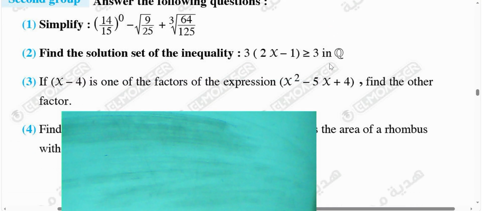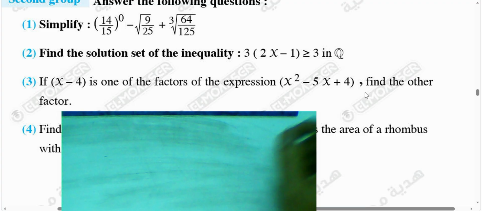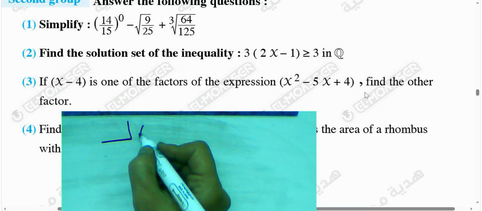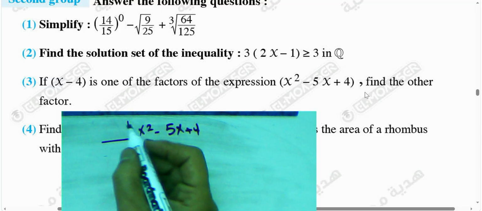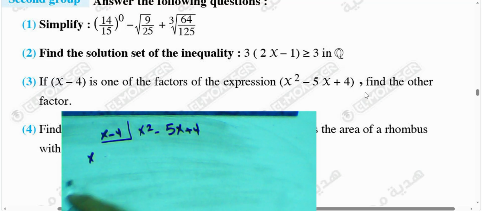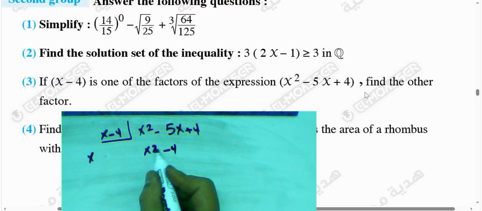Next question. If x minus 1 is one of the factors of the expression x power 2 minus 5x plus 4, find the other factor. We can find the other factor by division. We divide x power 2 minus 5x plus 4 by x minus 1. X power 2 divided by x equals x, and then x times x minus 1 gives x power 2 minus x.